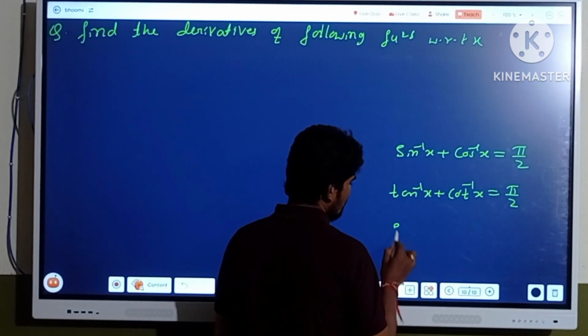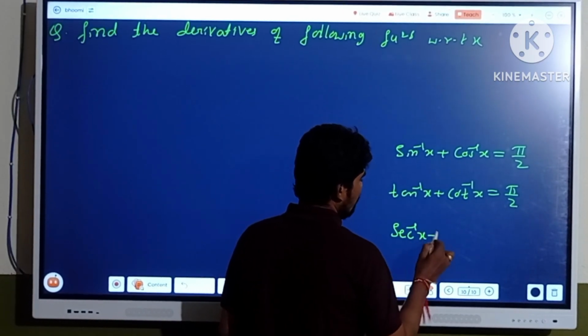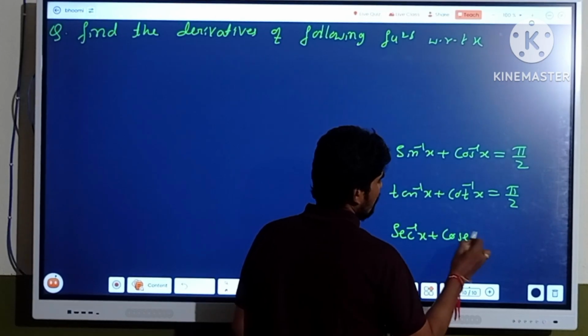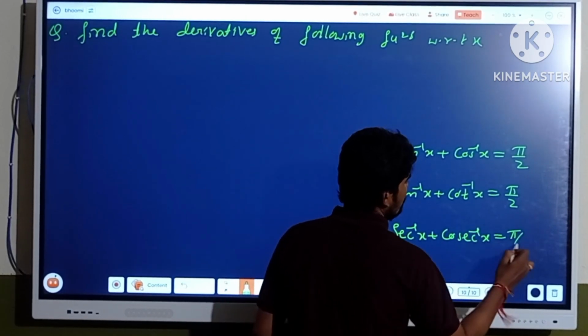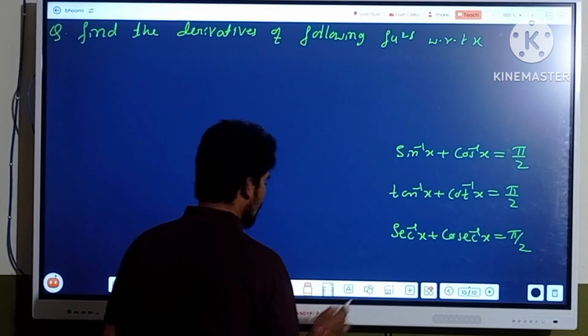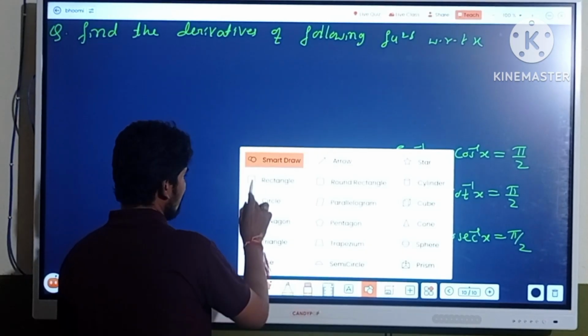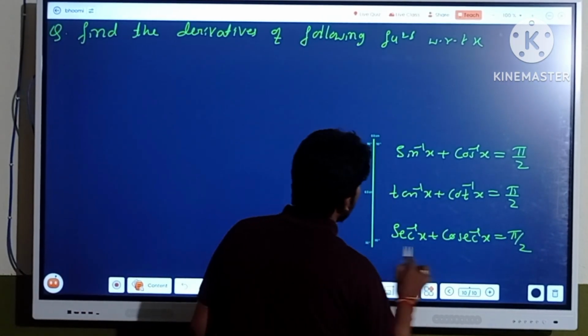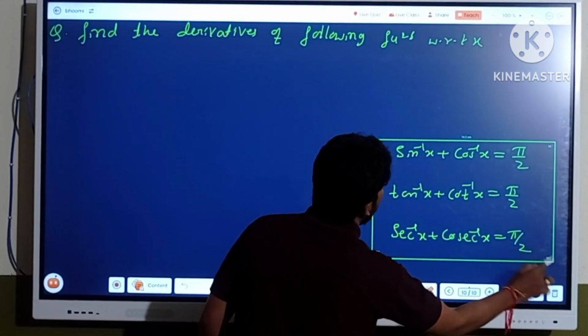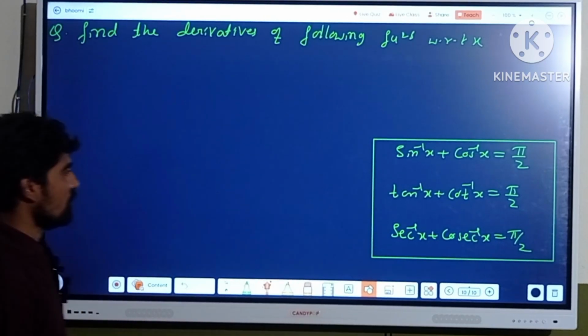And the last one is secant inverse x plus cosecant inverse x is equals to pi by 2. So these are also important properties and which are helpful for finding the derivatives of inverse trigonometric based problems.